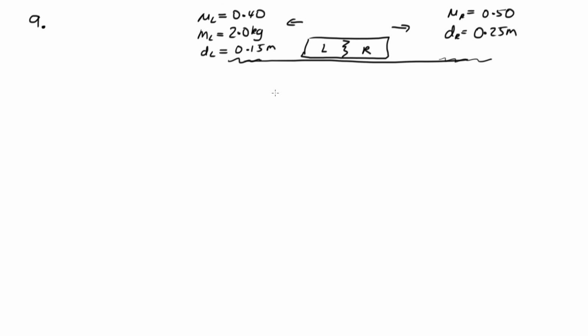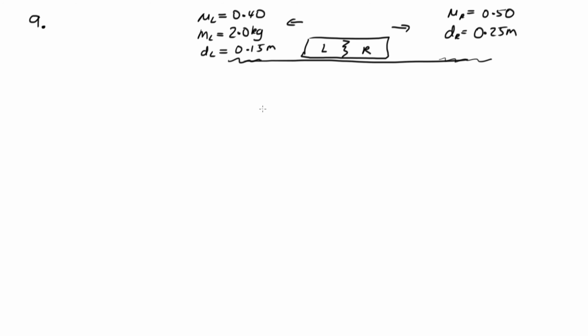Okay, so this one here has a few different concepts involved. So first of all, we can think about the energy involved. Just after this explosion, the left and the right half both have some kinetic energy, and that kinetic energy is lost as work done overcoming friction on this rough part.